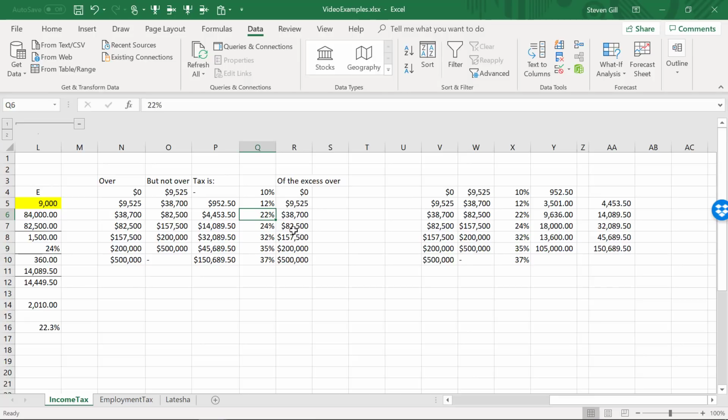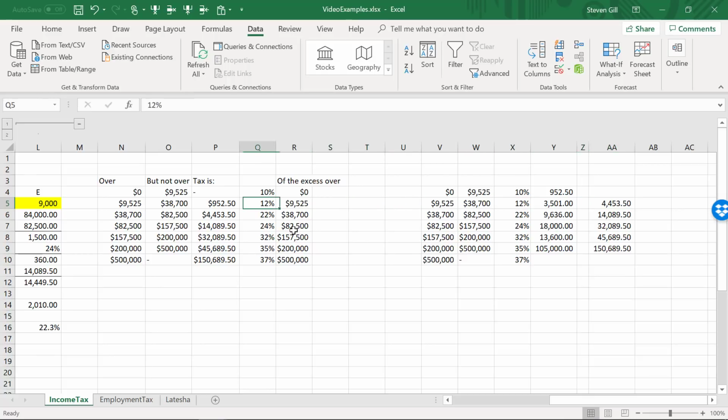to that bracket. So if we're to calculate the amount of each bracket, we would see that the first 95.25, the tax on that is 952.50. The next bracket's worth from 38.7 to 95.25, that's another 35.01 of tax for a total of 44.53.